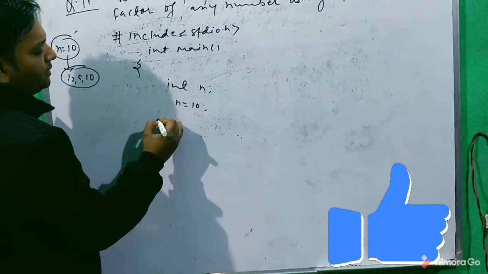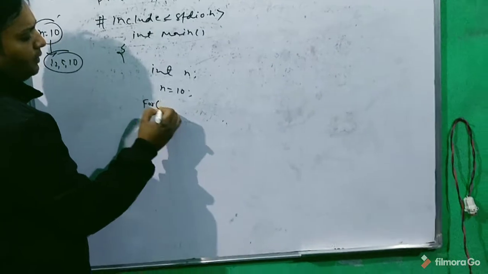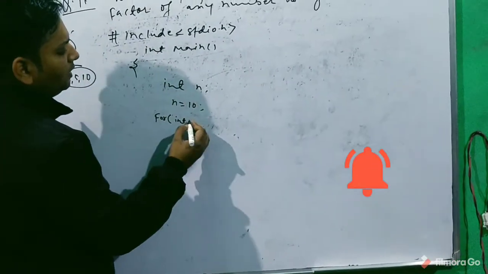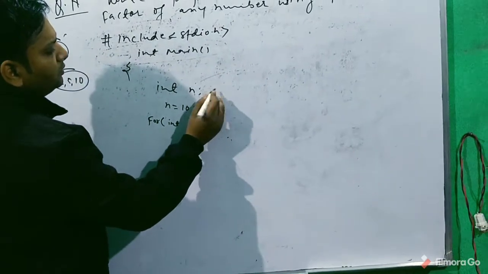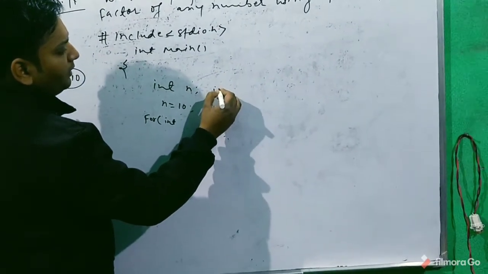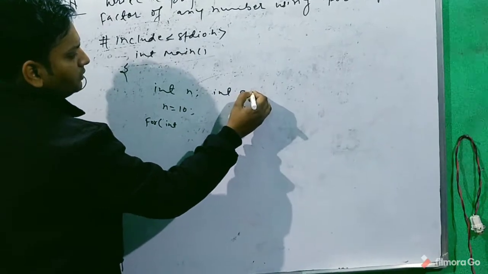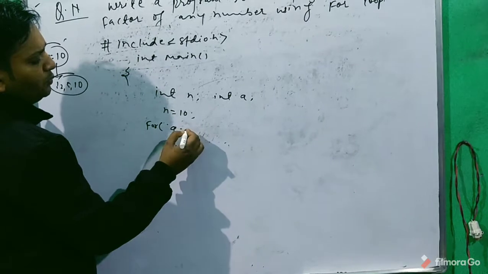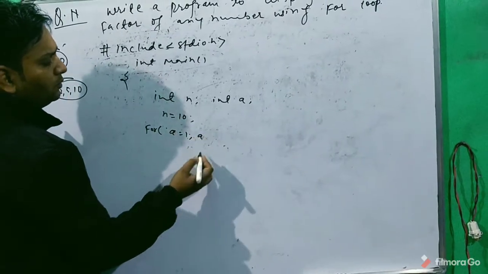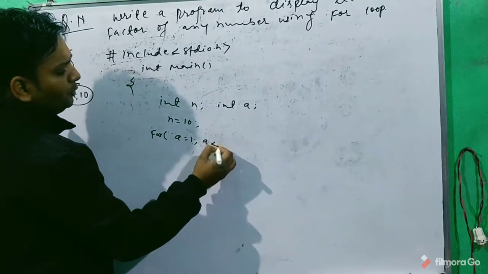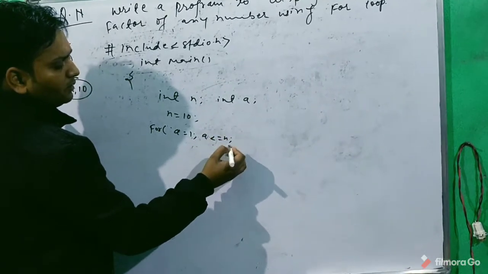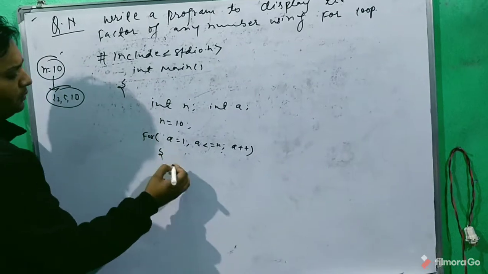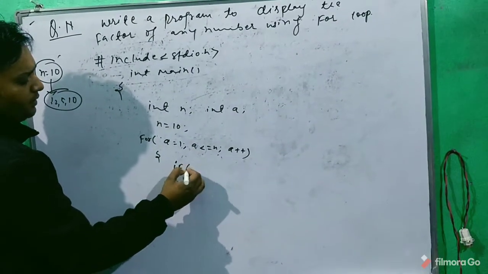Now I'm going to use a for loop. We can declare one more variable, int a. So a is from 1 up to n, then a plus plus. Then we use the if condition.